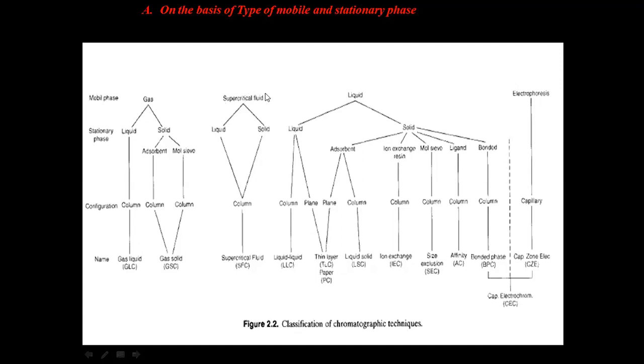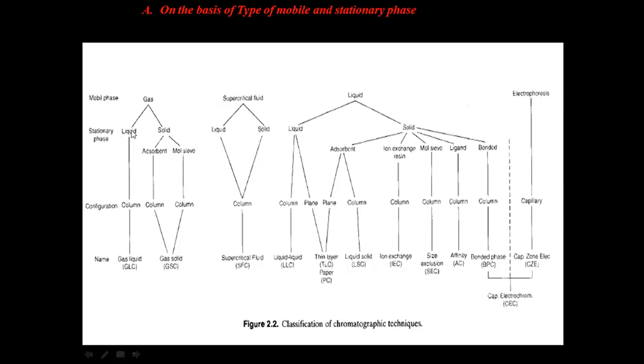So you can start from here, that is, you have the mobile phase, which can be gas, supercritical fluid, or liquid. Electrophoresis can also be talked about as a chromatographic technique, but for the time being, we have a gas, a supercritical fluid, and a liquid. So this is the mobile phase. Then the stationary phase.